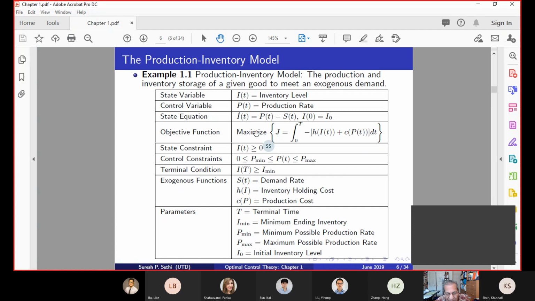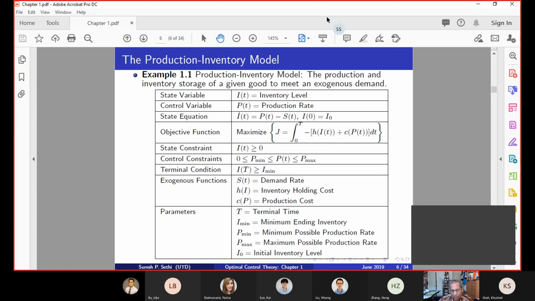So we don't have to develop the theory for maximization and minimization all the time. We just develop the theory for maximization, and then we can change the objective function to minus of the cost, and that becomes a maximization problem. So we don't have to do two different sets of recipes.